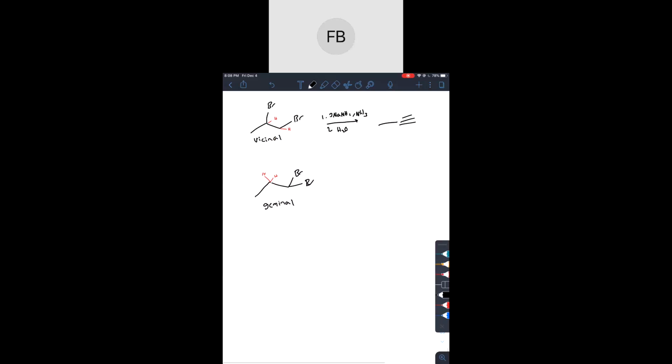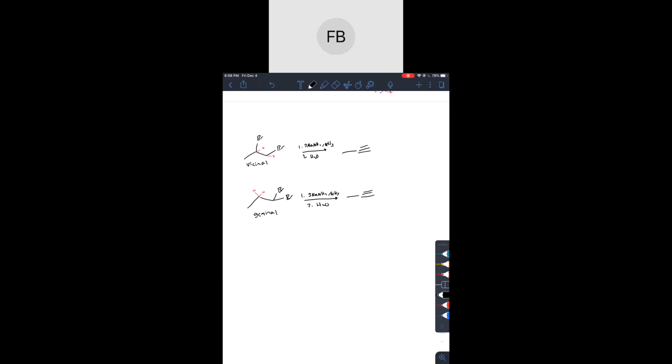And the other example is geminal, so just 3 NaNH2 over NH3, and H2O. So this is just going to form a triple bond towards the carbon that has the two hydrogens on it. So it gives us the same product, really. This is just to show you that it doesn't have to look any particular way. You just need two bromines, and they have to be vicinal or geminal, but either way you can produce a triple bond like that.